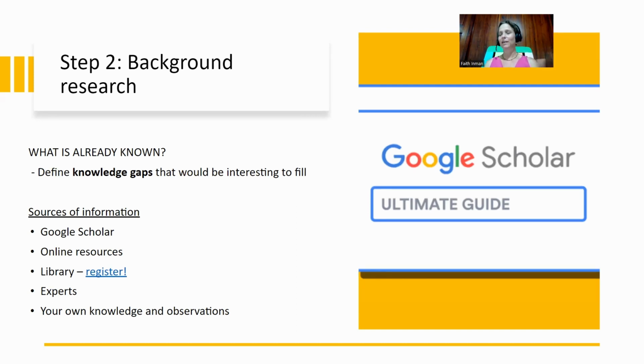Sources of information: Google Scholar is amazing. It's great. There's so much on there. I mean, that didn't exist when I was going to college. It's such a gift. There's also other online resources. Be careful, of course, of many online resources, that if they're trying to sell you something, they're often trying to push their point of view. Some of them are not credible.